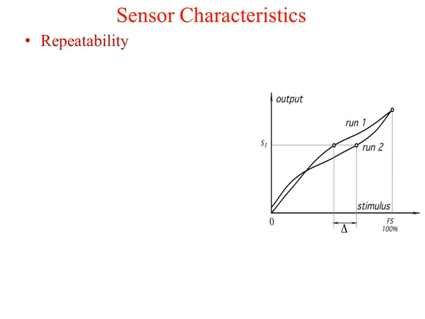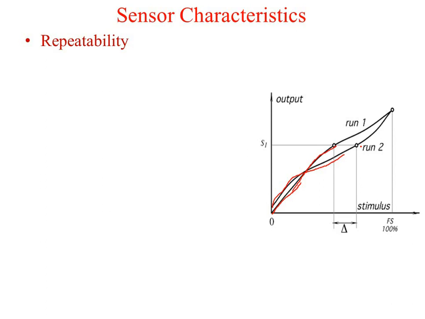Suppose when you perform the first experiment it shows these characteristics, and when you perform it a second time with the same sensor under the same working conditions it shows different characteristics, then such sensors are also not useful.